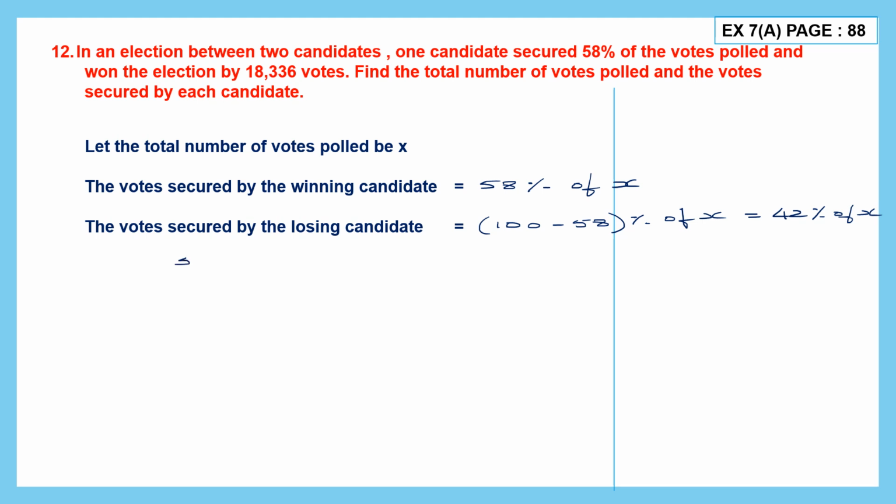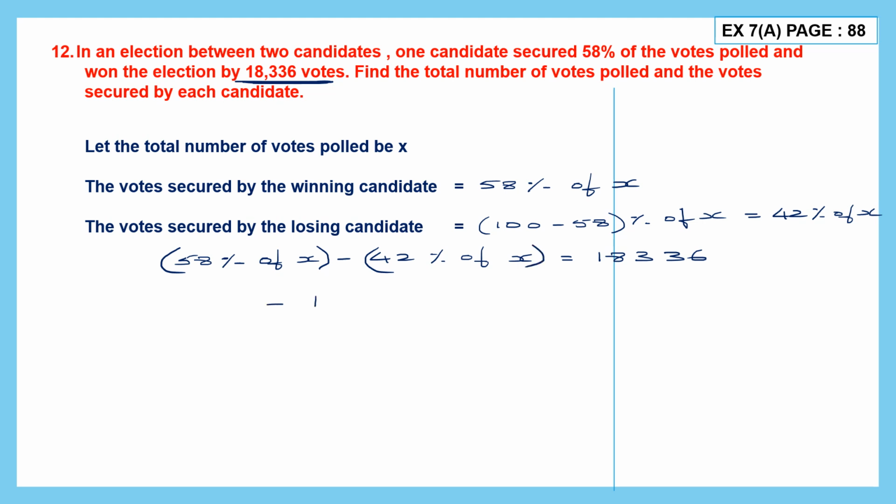This will be 58% of X minus 42% of X, and that is equal to 18,336, which is already given to us here. Now when you subtract these two, 58% of X and 42% of X, minus 58 and 42, you will get 16.